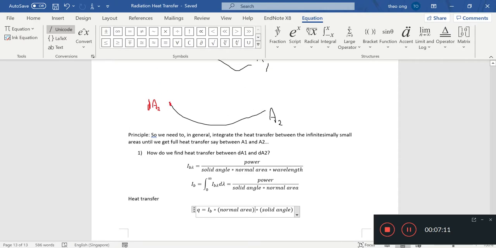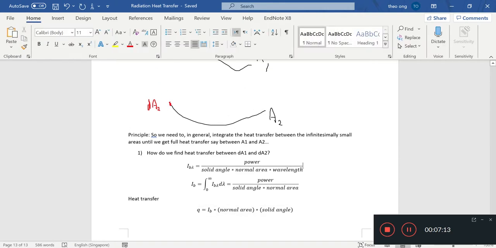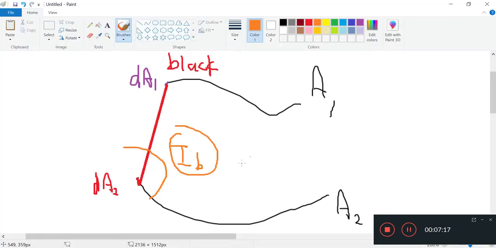Now what is this normal area then? Alright, so we can zoom in again. I want to use a very thin brush. So this is where the normal of dA2 is, right?